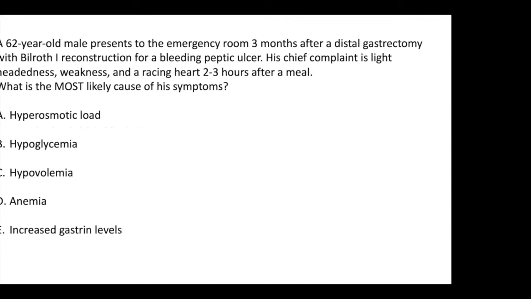You have questions on how much bleeding is needed. So CTA can go up to like 0.3 mL per minute. And tagged red blood cell scan, I've seen it as low as 0.05 or as high as 0.1.